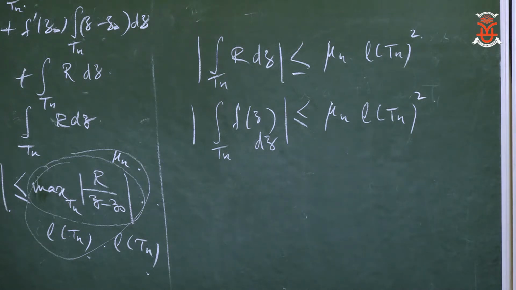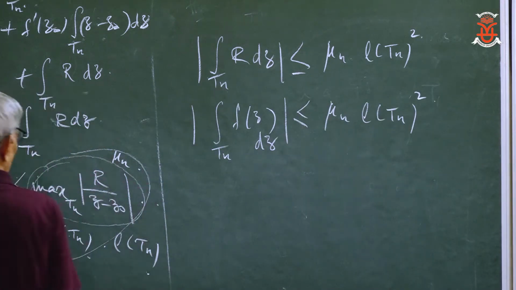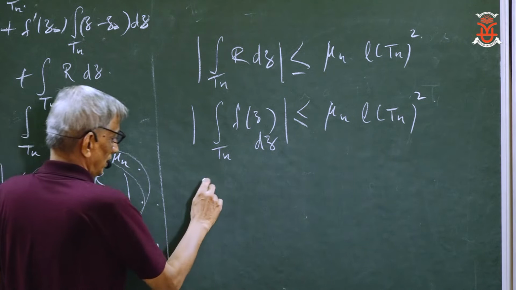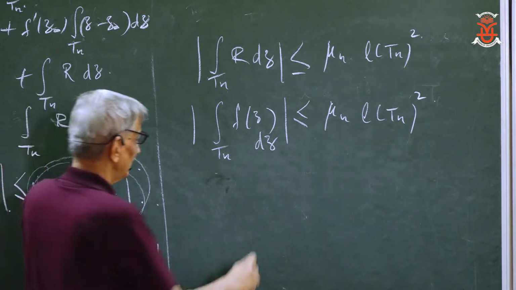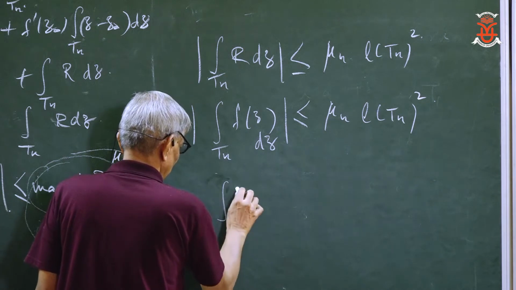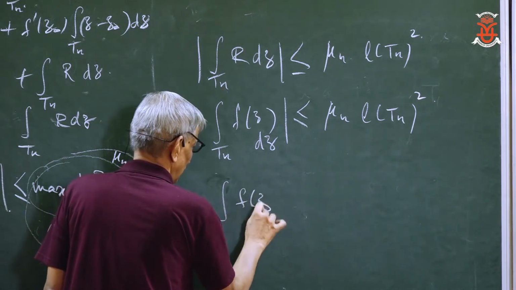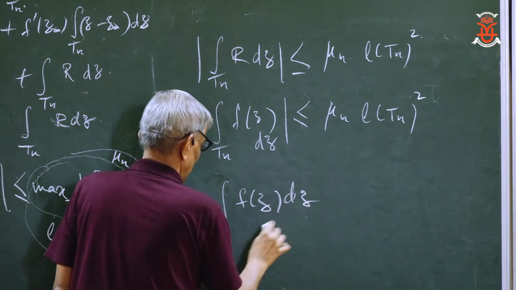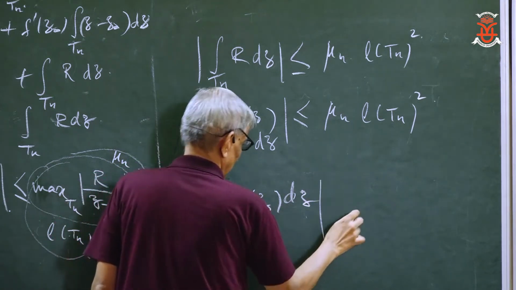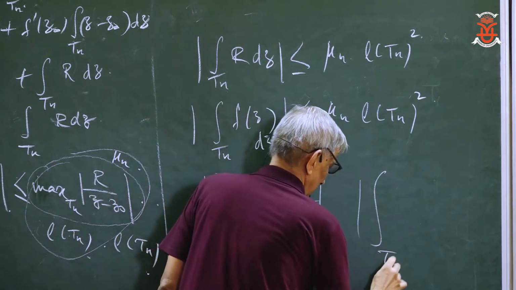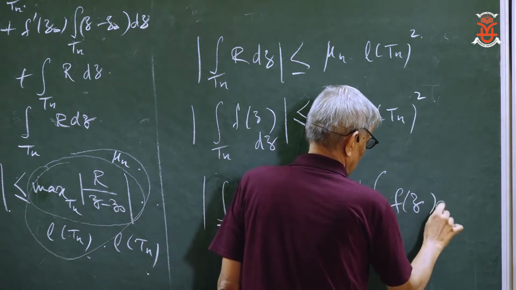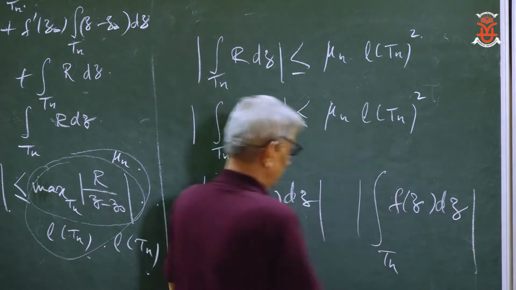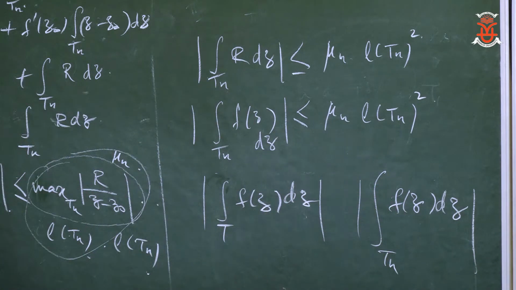At every stage you have 1/4, right? So what is the relation between these two?